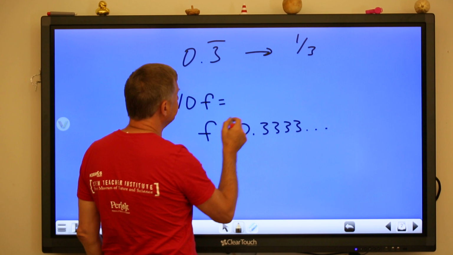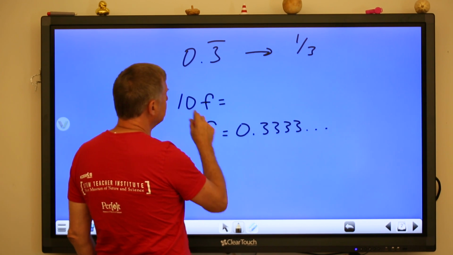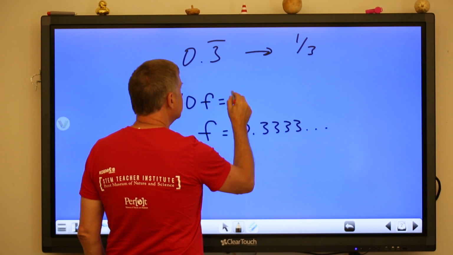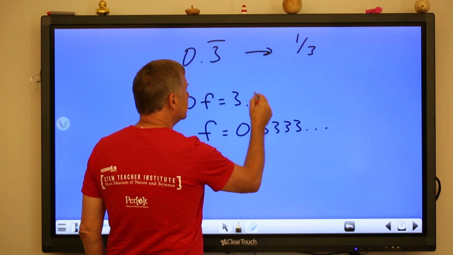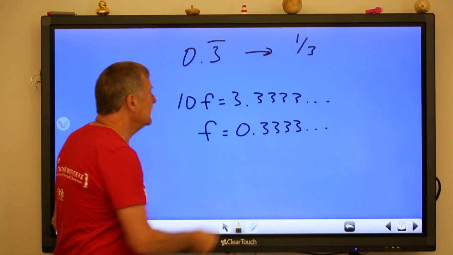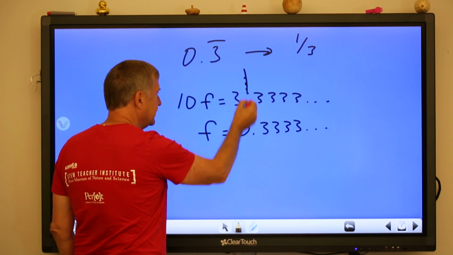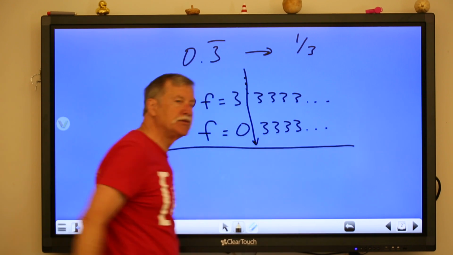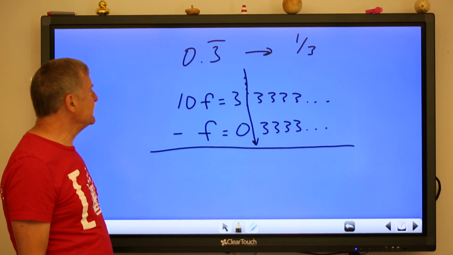But look what happens. If f is that, then 10 times f is 3.3333 dot, dot, dot, and I'm keeping the decimal points in line because now I'm just going to subtract these two values. And notice what happens.